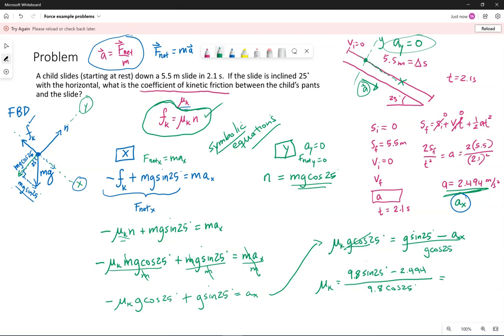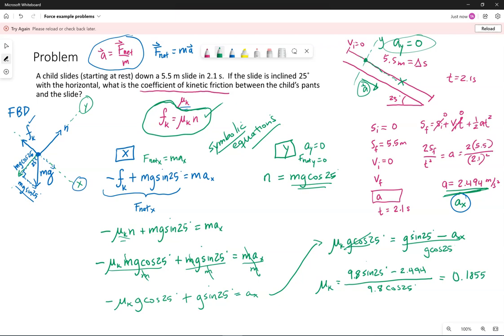So plugging these values in, I'm getting 0.1855.